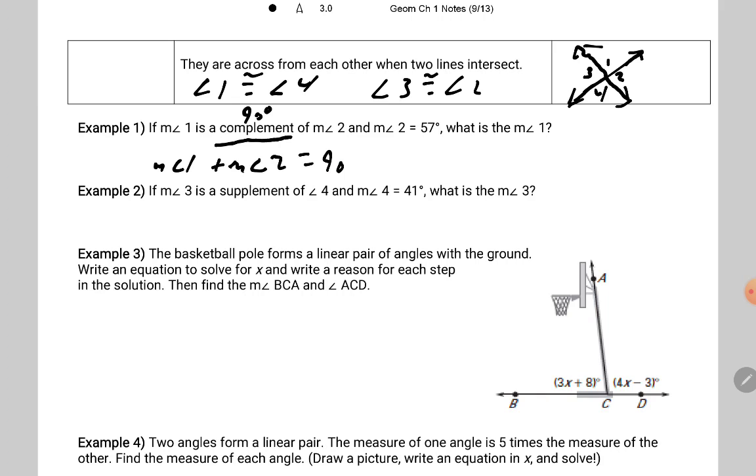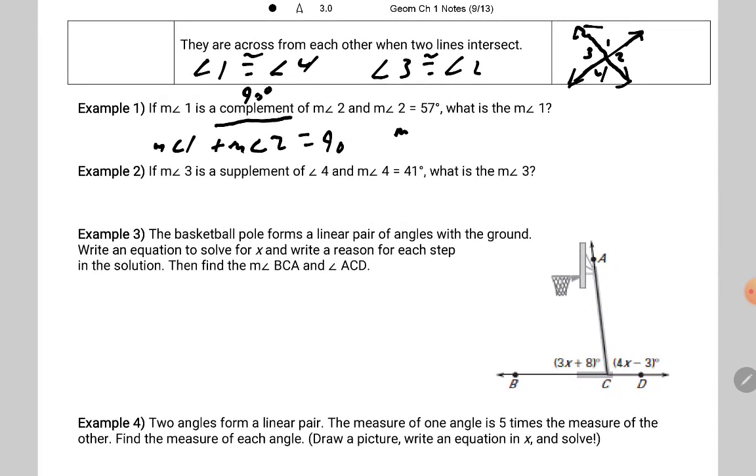So we know that measure of angle 2 is 57. So measure of angle 1 plus 57 equals 90. Subtract 57 from both sides, and I'll get measure of angle 1 is 33 degrees.